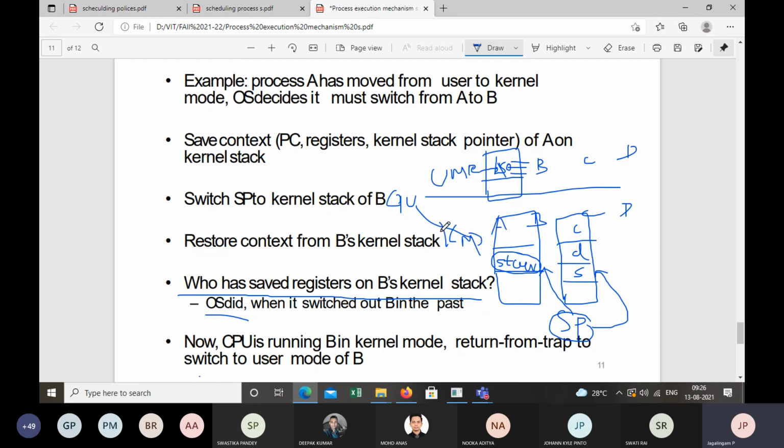Excuse me, sir. What if process B has never been executed? Then how will the old value be stored? Never executed, right? Yes, sir. If it is never executed, then the old value will not be stored.